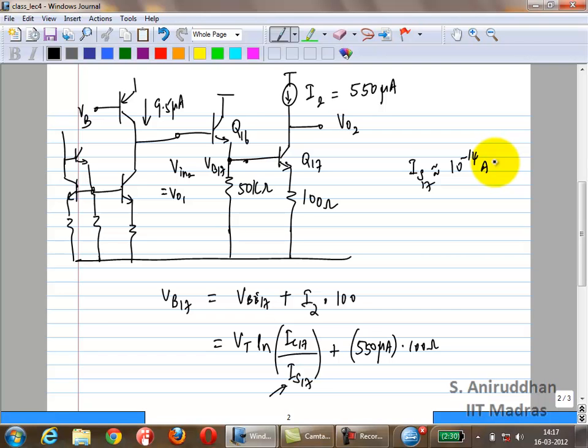Okay. So can somebody calculate this and tell me? Of course, this is also 550 microamps.